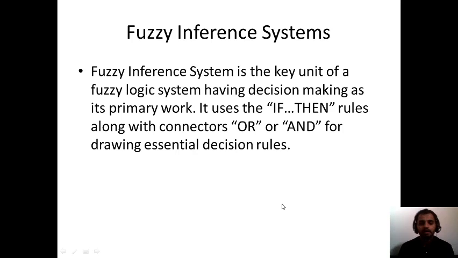Now moving forward, what actually is fuzzy inference system? Fuzzy inference system is a key unit of fuzzy logic system having decision making as its primary work. The main important task of fuzzy inference system is to make decisions. Now how will this make decisions? This will make decisions based on the values that it is getting.